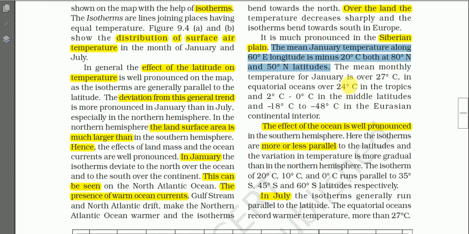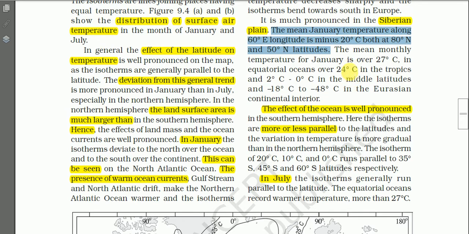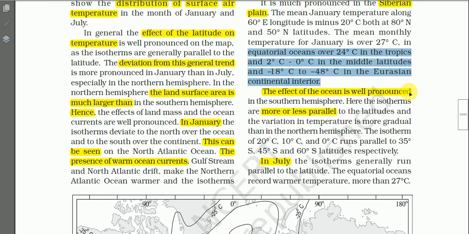The mean monthly temperature for January is over 27 degrees Celsius over equatorial oceans, and over 20 degrees Celsius in the tropics, and 2 degrees Celsius to 0 degrees Celsius in the middle latitudes, and minus 18 degrees Celsius to minus 48 in the Eurasian continental interior.